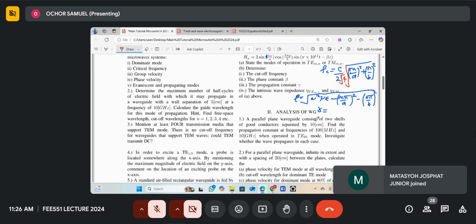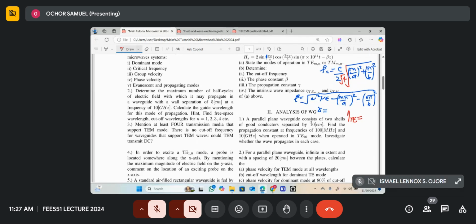And for intrinsic impedance, Tony, what's the formula for intrinsic impedance TE? I think it's eta, n, over the square root of 1 minus fc over f squared.